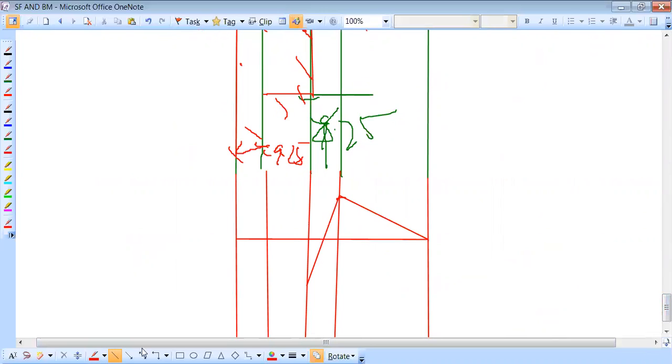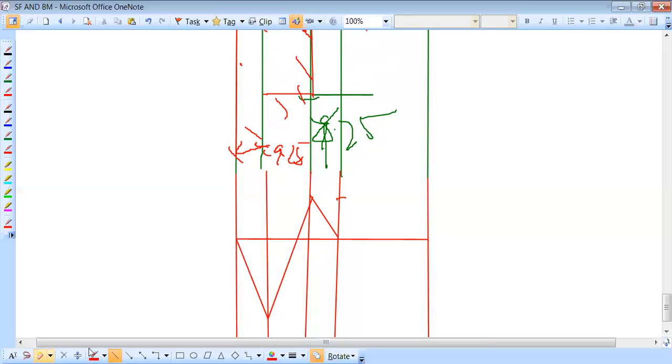Sorry, this one is also 0. So it must be here, not here actually. Draw a straight line from here to 0, here to here. Then again draw here to here, and again here to here.